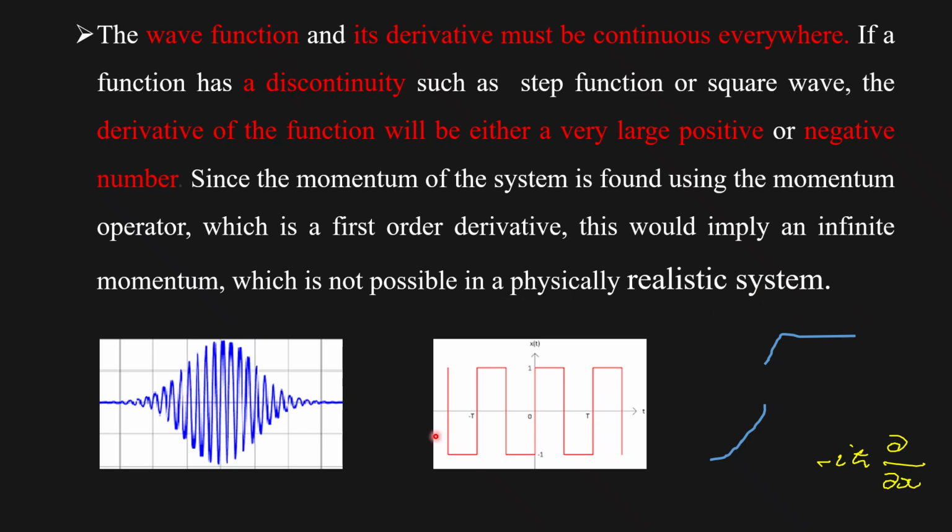I have given three diagrams. First, you see the one: this is a Gaussian wave packet. This is continuous, and its derivative also. The wave function and its derivative must be continuous in this case. What about here? A rectangular wave.